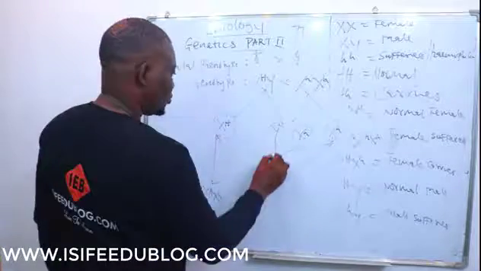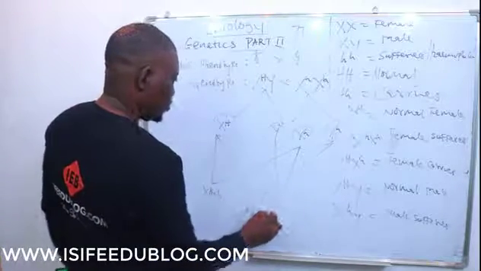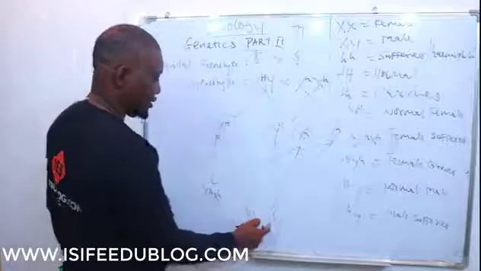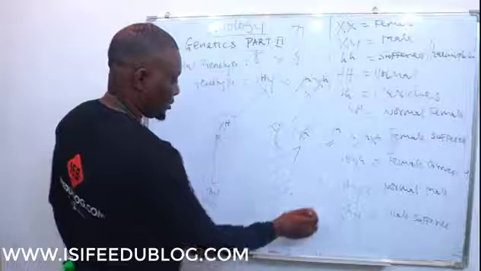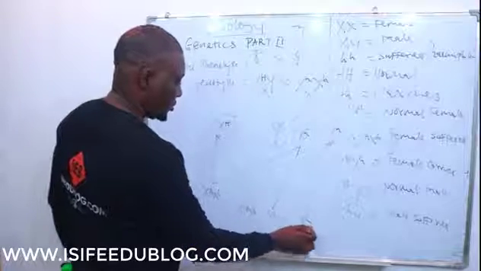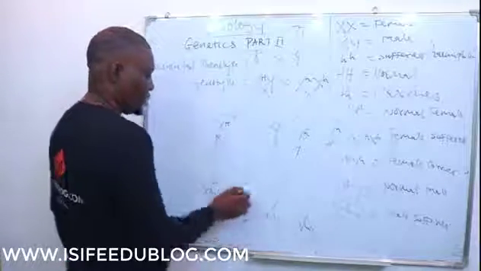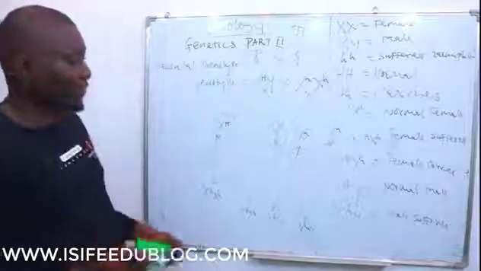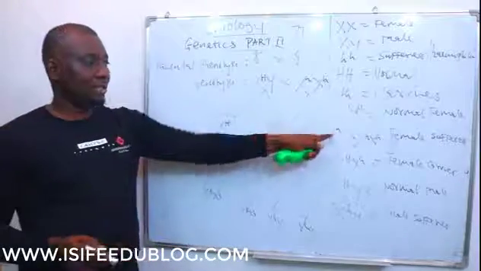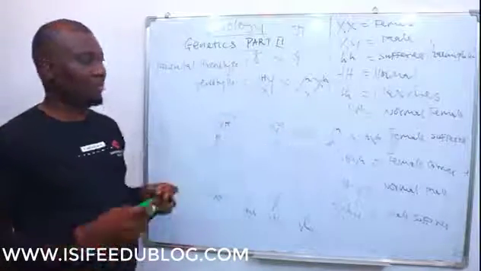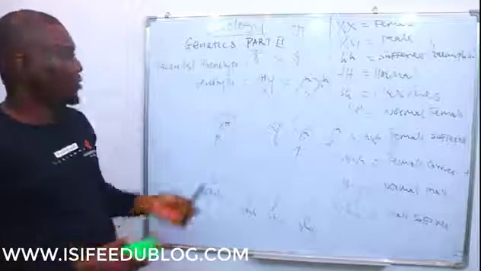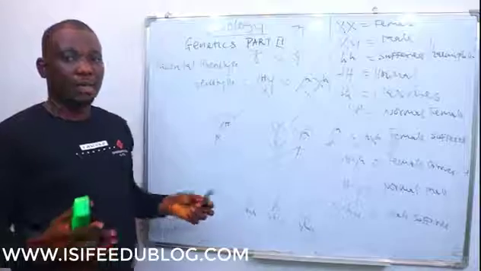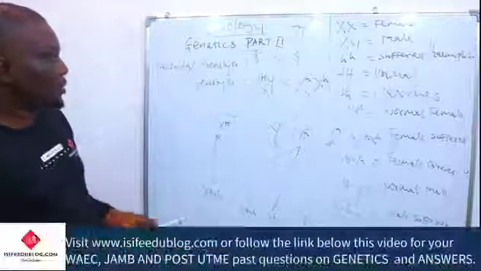And then the 2 sons will automatically be sufferers. This is the first son and this is the second son. The 2 sons are sufferers while the 2 girls are carriers. That is if the woman is the hemophilic one and the man is normal. So please take note, pause the video and make sure you get this without any confusion.